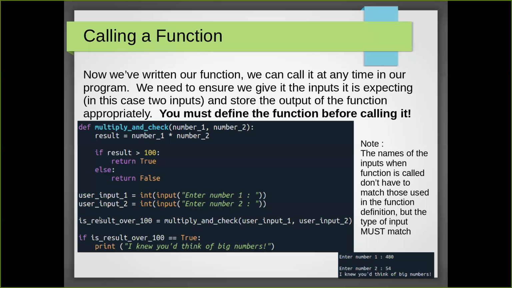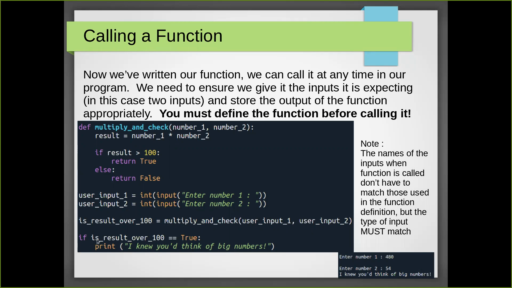That value will be stored here in isResult over 100. So the bit before the equals, the bit before the assignment operator, is going to store the output of the function. In this case, that's going to store either true or false. So this will run the function with those inputs, the function will run, and then true or false will come back and be stored in isResult over 100.